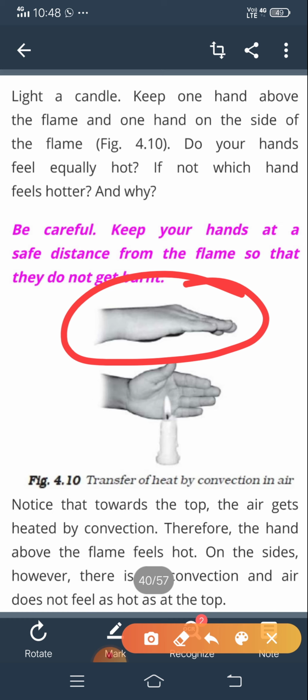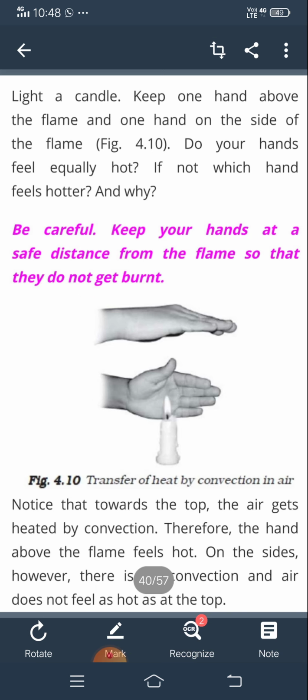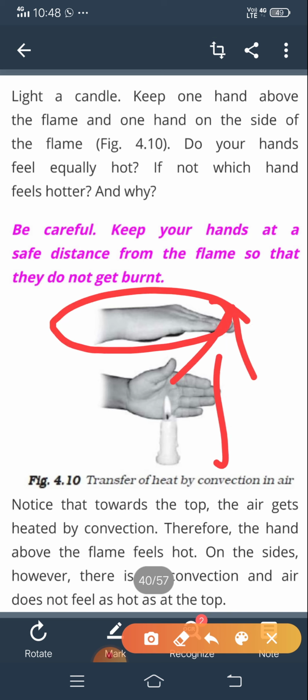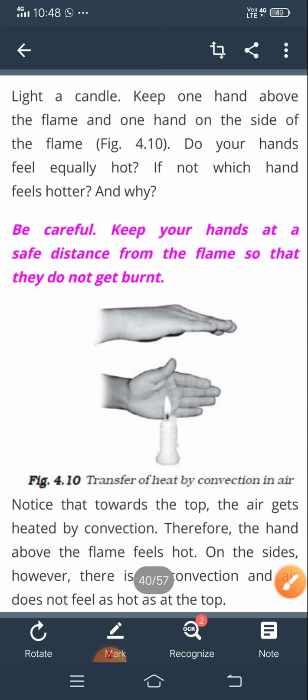An important note: be careful. Keep your hands at a safe distance from the flame so that they do not get hurt or burnt. Notice that towards the top the air gets heated by convection.